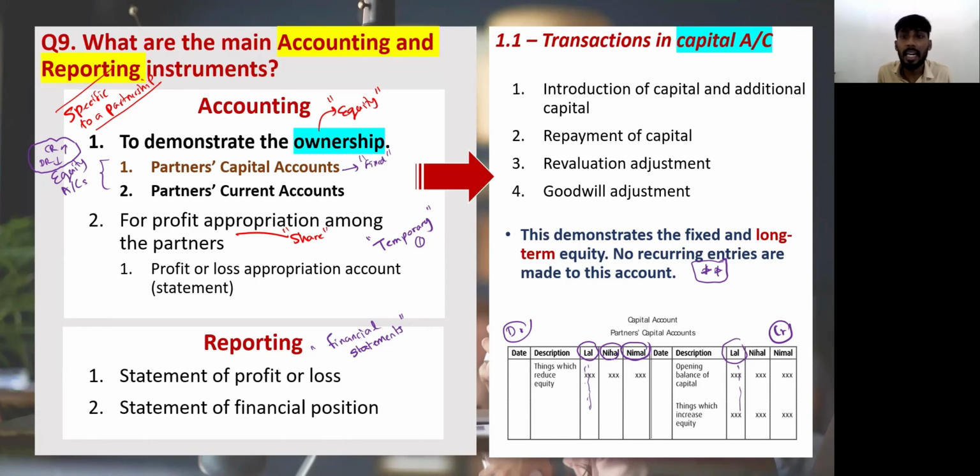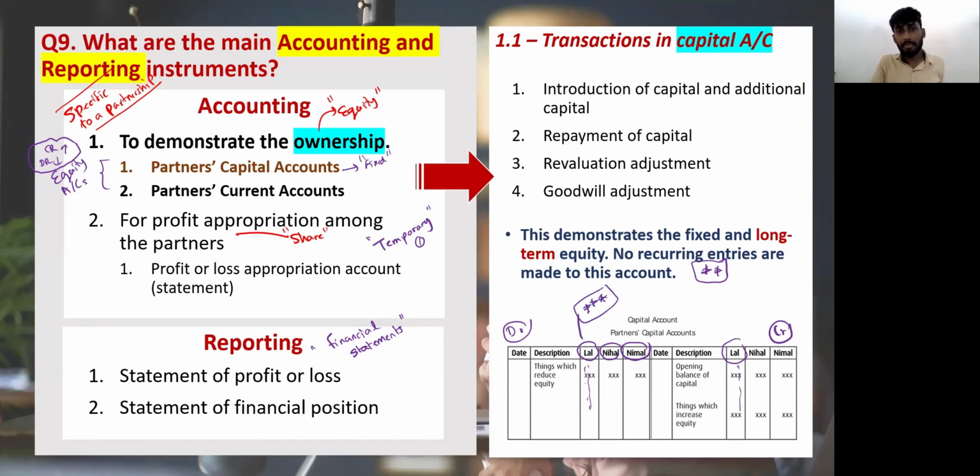Sometimes Nihal's are recorded in Nimal's, Lal's are recorded in Nihal's. Likewise, they mix up the partners. If you mix up the partners, then there is an issue, my dears. We can't help on that. Even the examiner can't help on that matter. So please keep in your mind to correctly identify the column, correctly identify which partner the transaction is going to affect. That's an exam focus point.